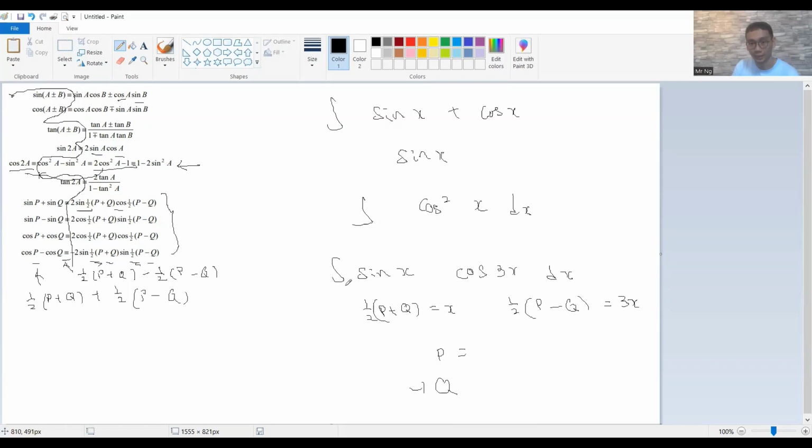This thing, you can just straight away write sine x plus 3x, minus, sorry, this one is sine cosine. Yeah, so I'm using this. Then after that, half, minus sine, plus sine x minus 3x.